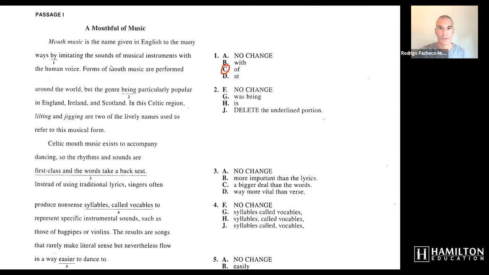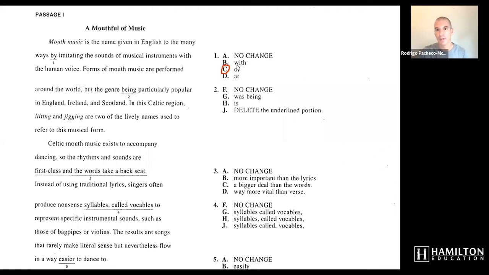The other prepositions here, by, with, at, they suggest a different relationship. That's what prepositions do. They show relationships among different elements or ideas in a sentence, but they also just don't fit the convention. The ways by imitating the sounds, again, we're talking about a way of doing something.